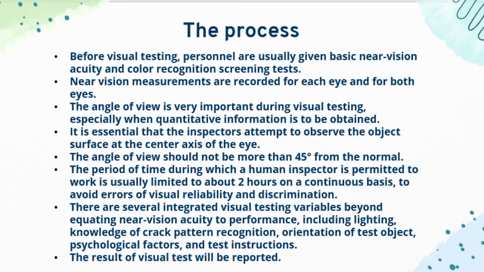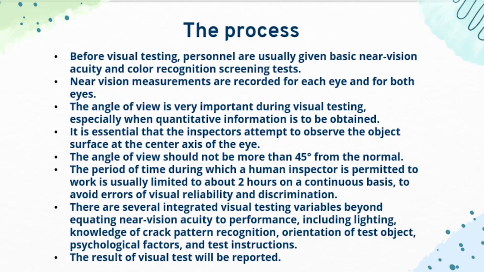In the process, the angle of view is very important during visual testing, especially when quantitative information is to be obtained. So it is essential that inspectors attempt to observe the object surface at the axis of the eye. The angle of view should not be more than 45 degrees from the normal.